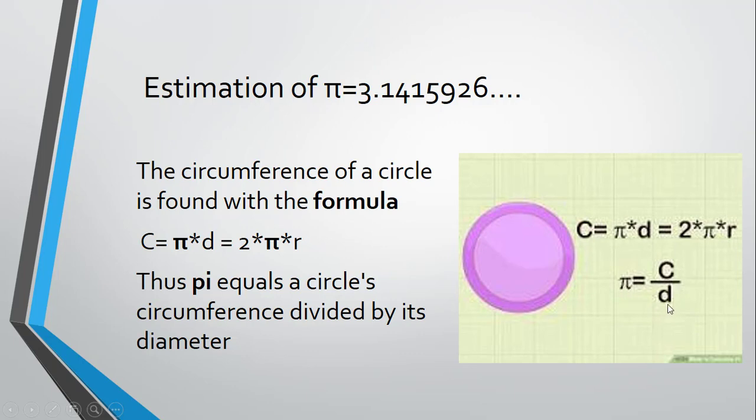In other words, pi equals the circle's circumference divided by its diameter. That's the definition of pi.